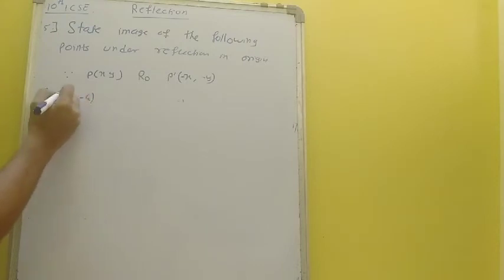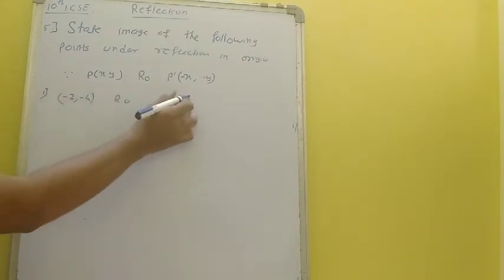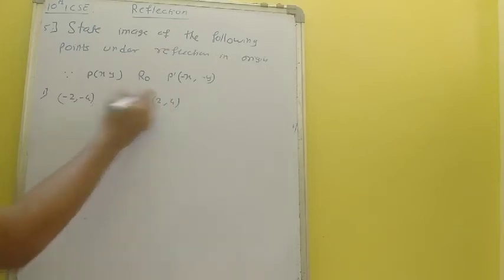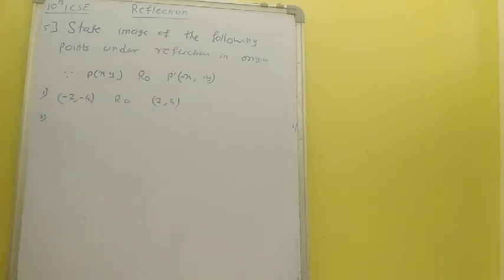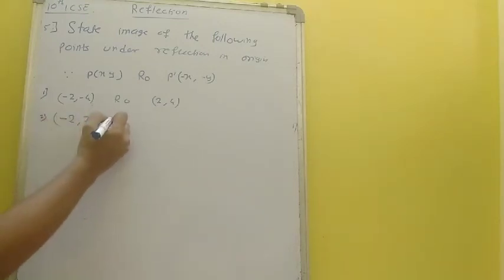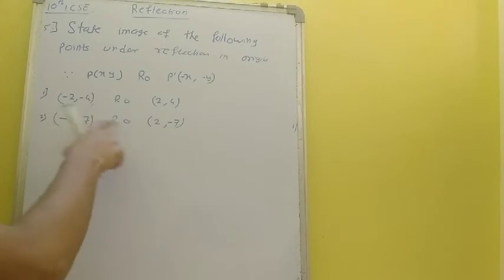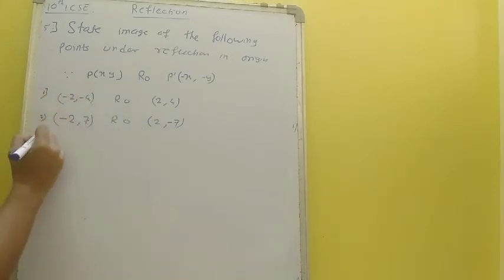Minus 2, minus 4 reflected in origin will give me 2, 4. Second one is minus 2, 7. Minus 2, 7 reflected in origin will give me 2, minus 7. Minus 2 becomes plus 2, 7 becomes minus 7.